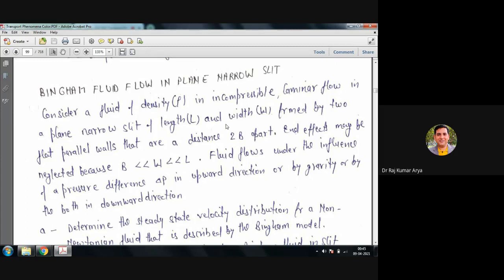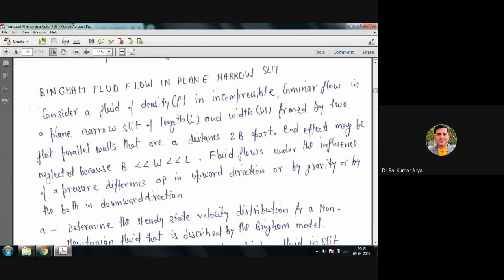At the same time, if it is open to atmosphere, then it cannot sustain any type of pressure also, so you cannot apply it. So open flow of Bingham fluid generally doesn't happen. So you need a confined space, like a channel or duct or a tube, so that you can apply the force. So let's see the problem statement.